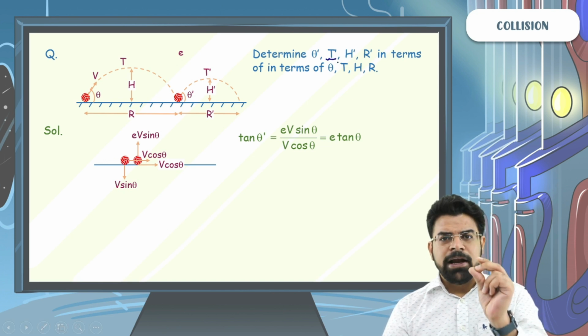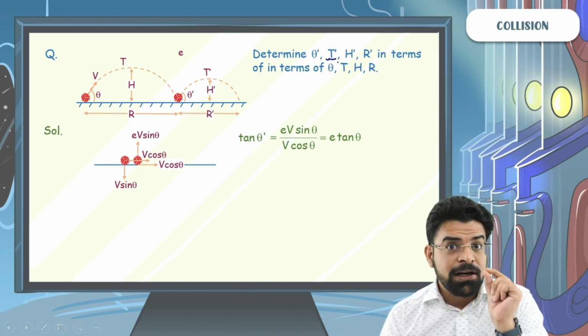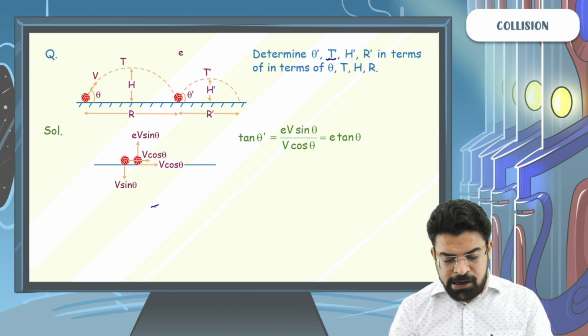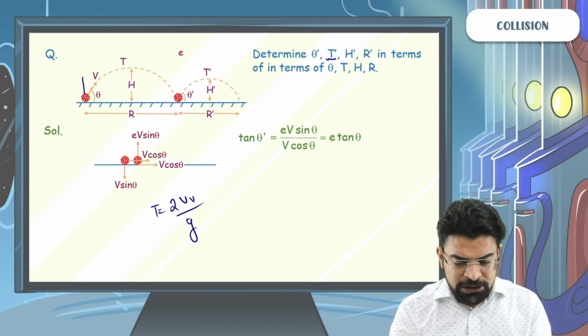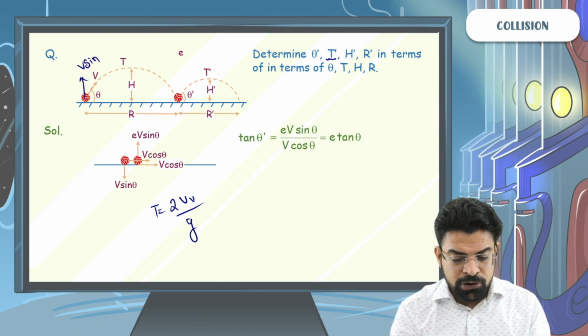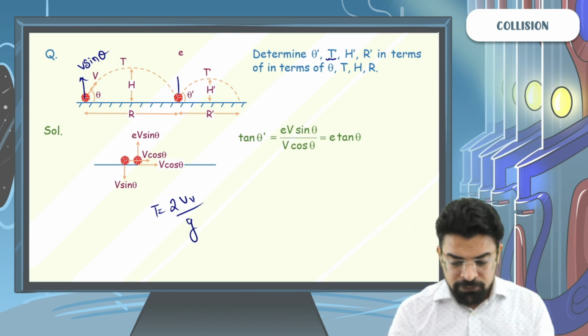Time of flight does not depend upon horizontal velocity; time of flight depends upon vertical velocity. The time of flight is given by 2 times v vertical by g. The vertical velocity for the first parabolic path is v sin theta. For the second parabolic path, after the first collision, the vertical velocity becomes e v sin theta.